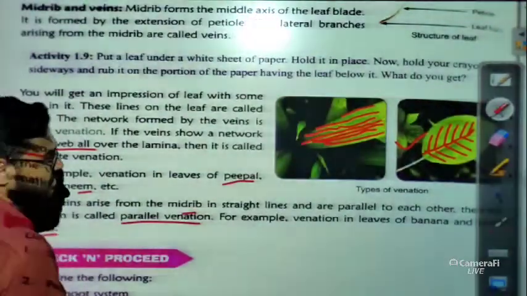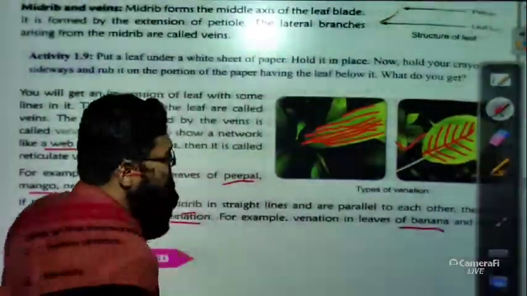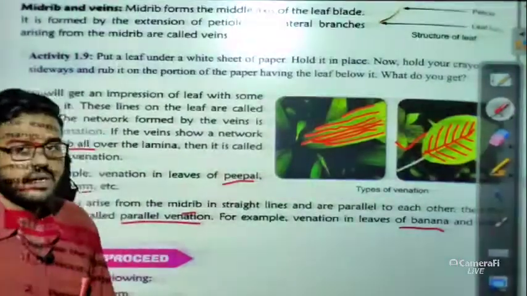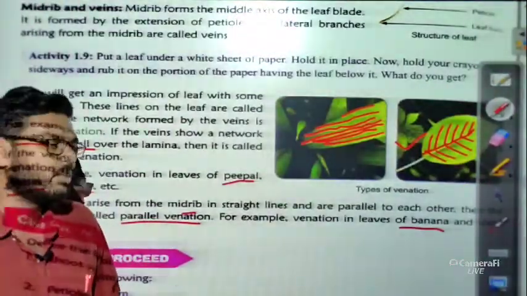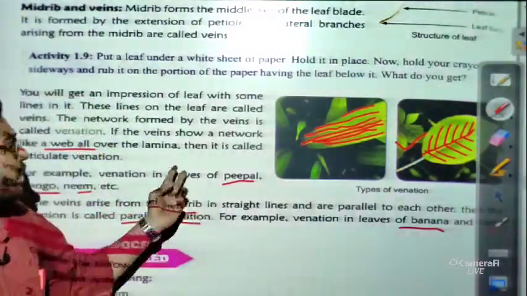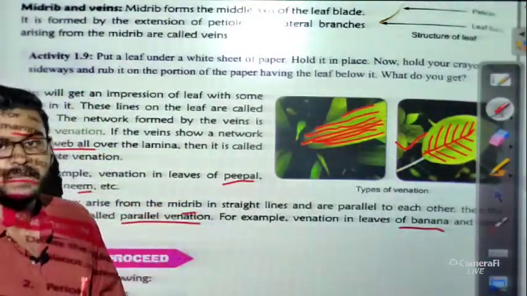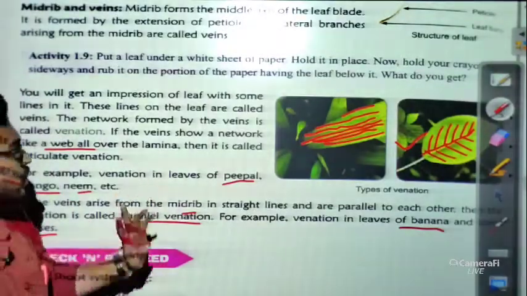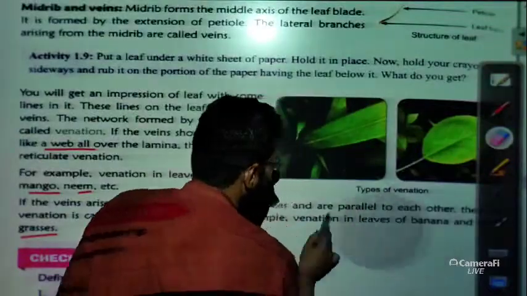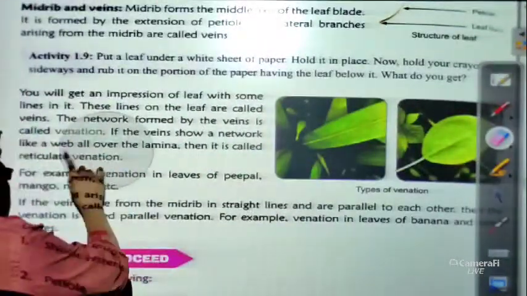Examples are grasses and banana. So I hope it is clear. Now the main question will come from this: differentiate between reticulate venation and parallel venation. So you have to remember two characteristics, with two examples. I hope, students, it is clear to you. So let me rub all these things.